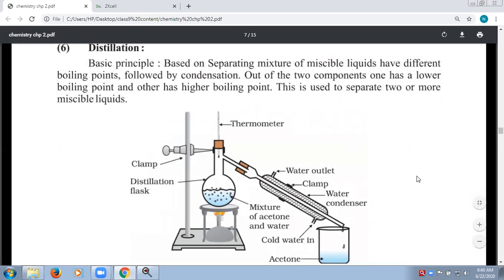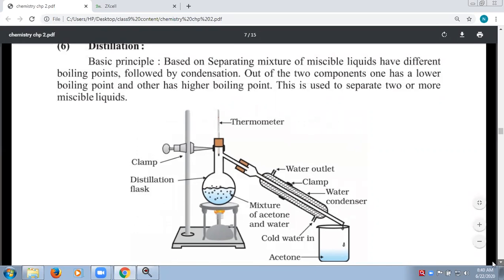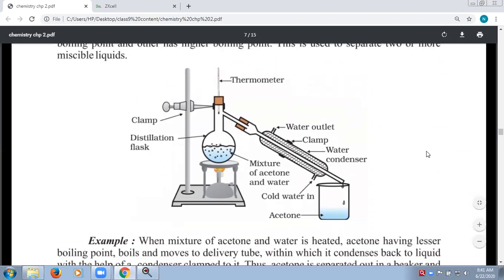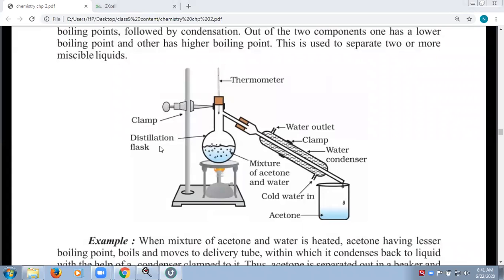Just see the diagram. With the help of the diagram, you will very easily understand what this method is. Let us first discuss the different apparatus used. Here you can see a round bottom flask, named the distillation flask, or boiler.